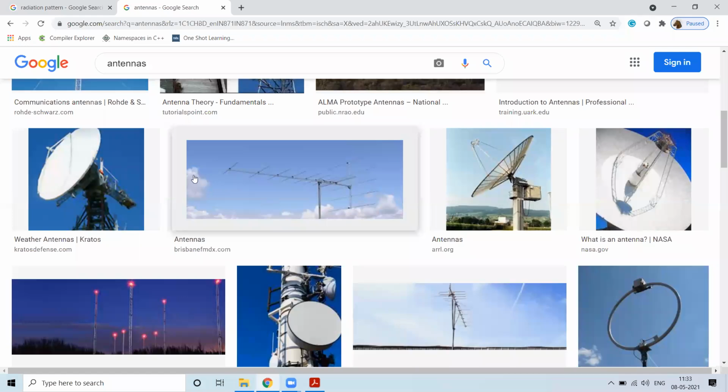We can move around this antenna in any direction, say from bottom to up, which we call the elevation angle, and we have the longitudinal angle, where we move from, say, left to right. When we move around, we'll have different energies being received by the antenna which we are considering.